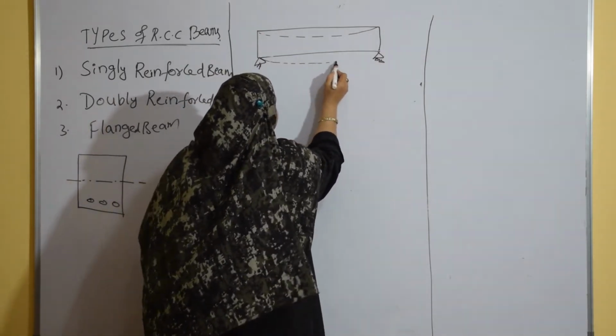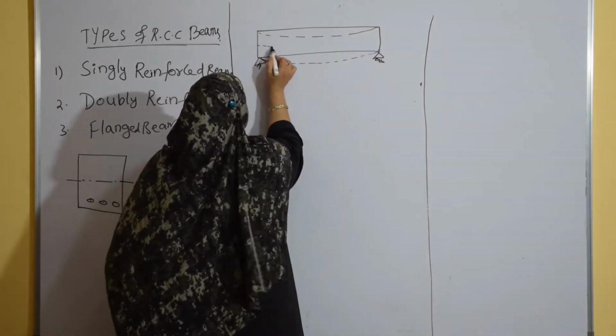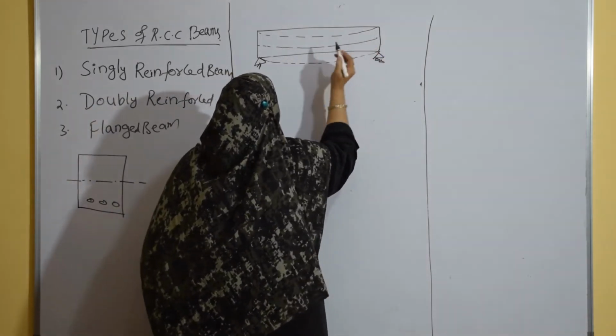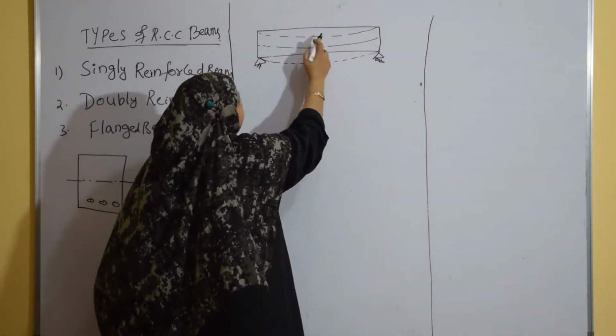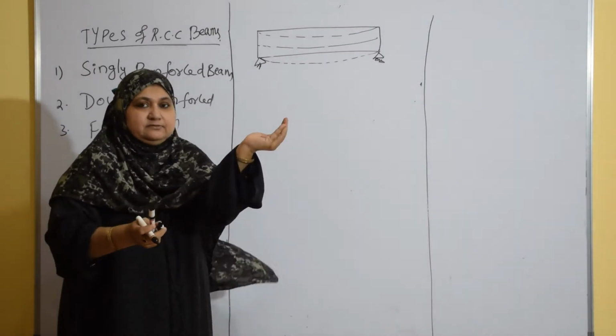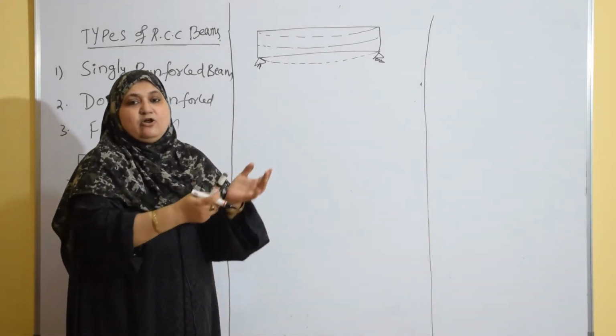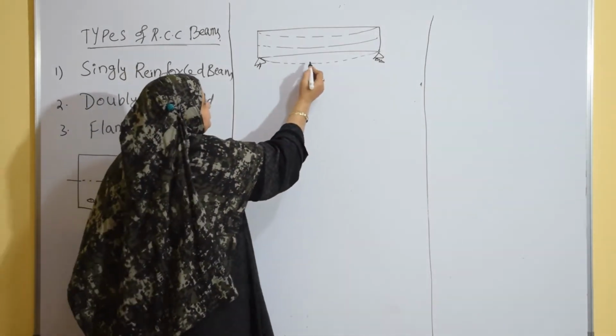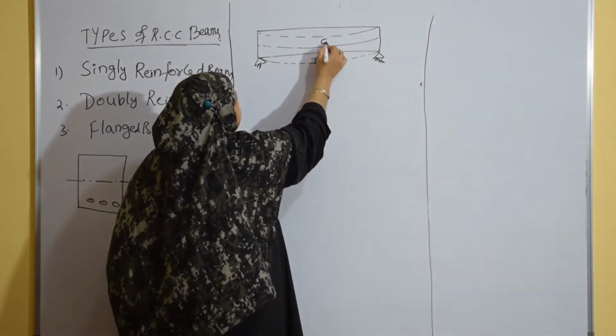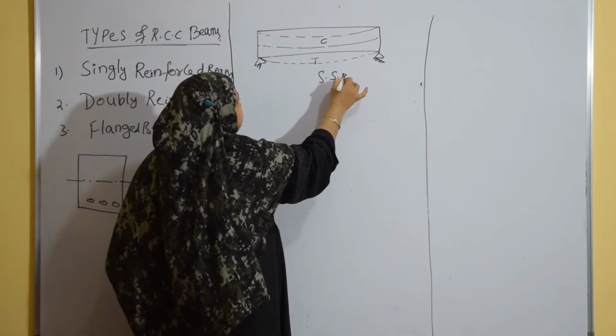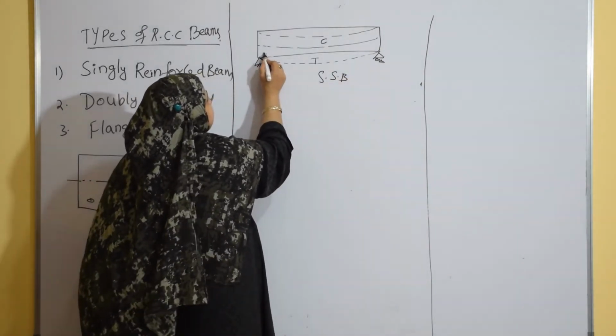So the neutral axis will be somewhere here. You can see the top fibers are in compression. The bottom fibers are elongated, so they are in tension. So this is the tension zone. This is the compression zone in case of a simply supported beam. So we provide steel in the tension zone.